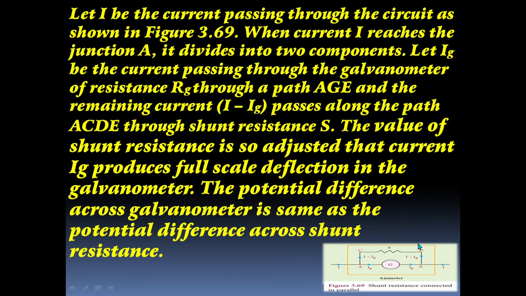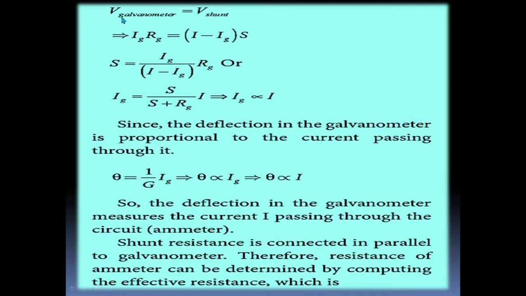The potential difference across the galvanometer is the same as the potential difference across the shunt resistance. Here, V galvanometer, that means the voltage of the galvanometer, is equal to the voltage of the shunt resistance.